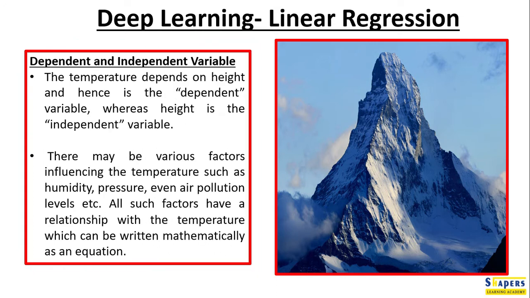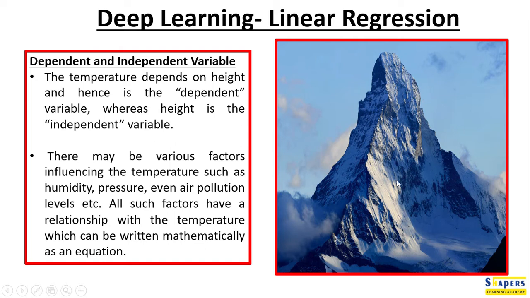Here let's classify the variables as dependent and independent variables. The temperature depends on height and hence is the dependent variable, whereas height is the independent variable. Height exists here, and depending upon the height, the temperature changes.